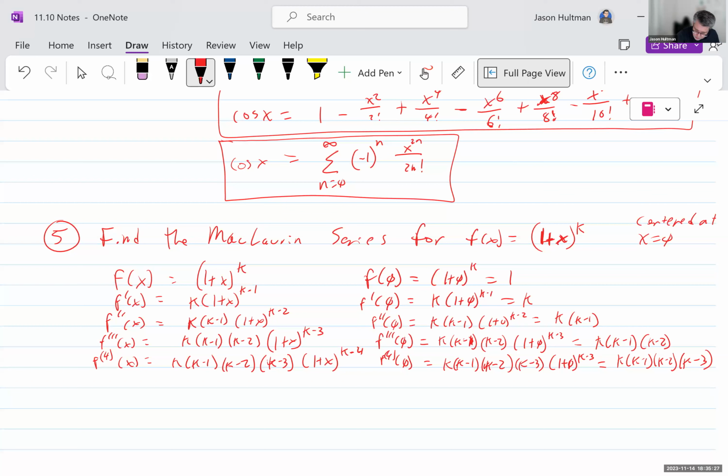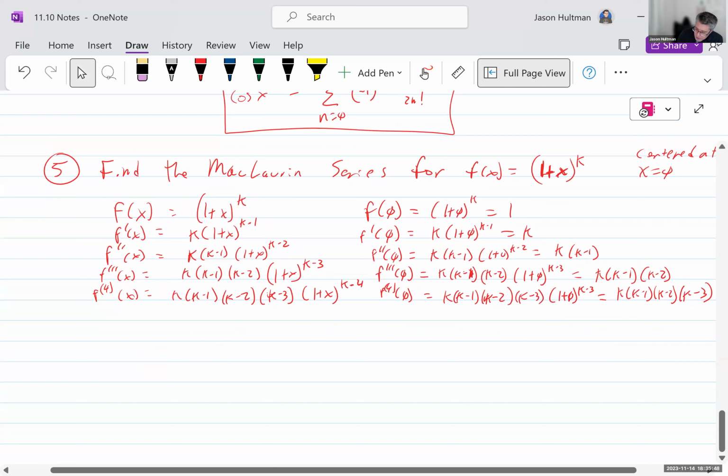Okay, so let's see what happens. What would it look like if we went all the way to n terms, n derivatives?